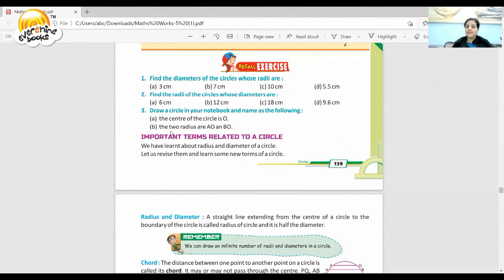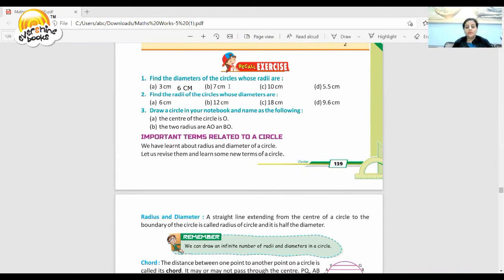So here, find the diameter of the circle whose radius is 3 centimeters. So just double it. 3 into 2 is 6 centimeters. So here just write 6 centimeter.